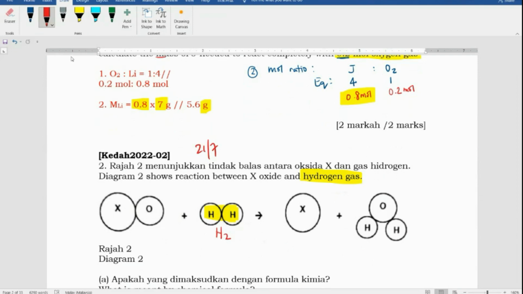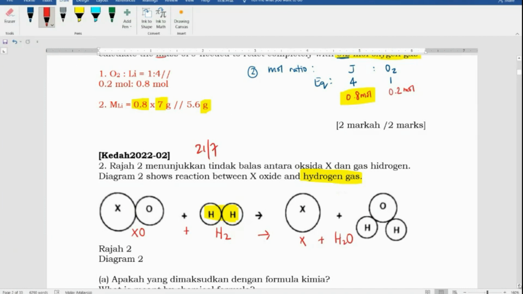And X oxide is XO, given to you here. So it reacts with this one, then we produce X with what? This one, H2O. So this is the equation.